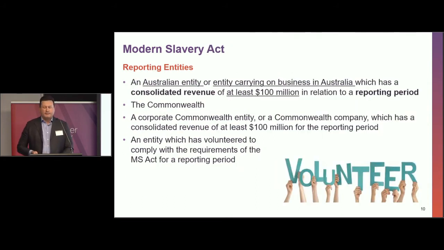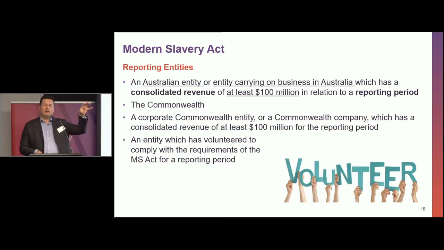So who has to comply? Anybody who has a revenue of over $100 million and carries on a business in Australia. That $100 million threshold is about consolidated revenue in a group. So if you have a group which has various entities which might have $20 million revenue, $50 million, $30 million, those particular organisations don't comply.